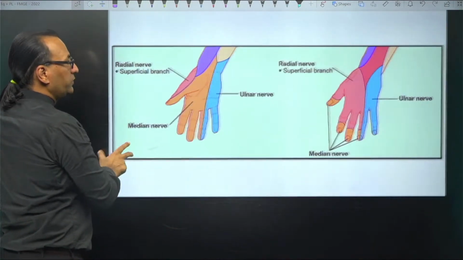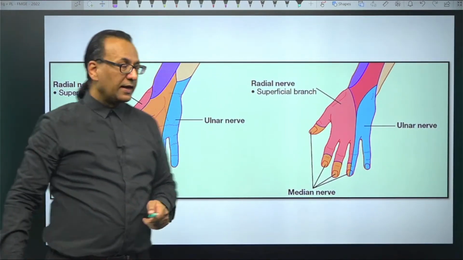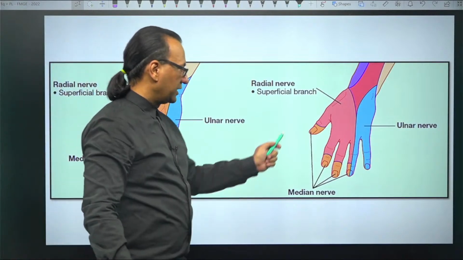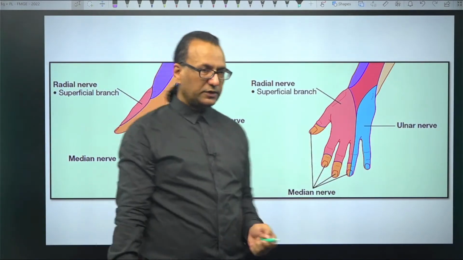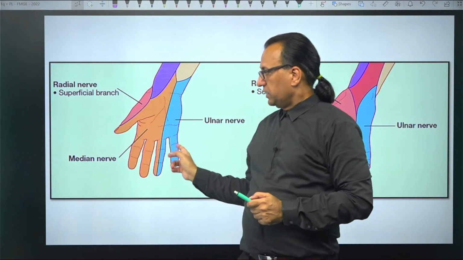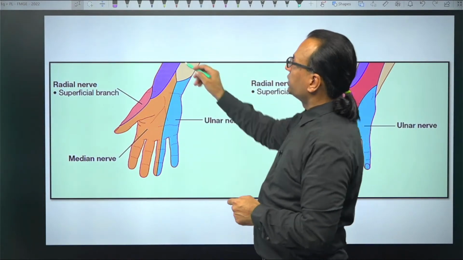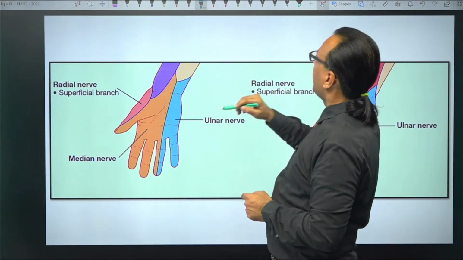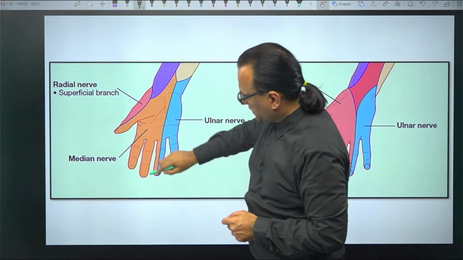Along with that, you will also know that there should be some sensory loss. Talking about the sensory loss, we should understand this is the posterior view of the hand because nails are evident. This is the anterior view of the hand.